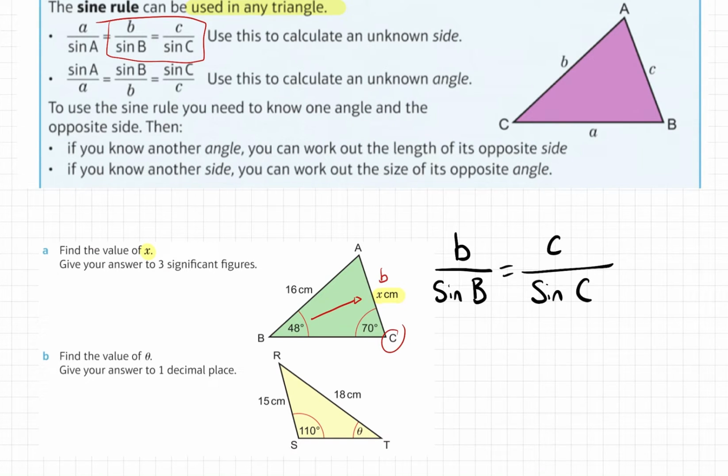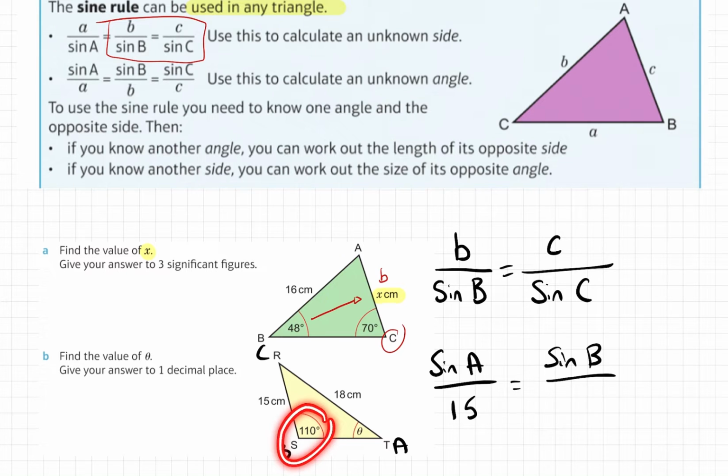Okay, and then for the second question, find the unknown angle. Well, we've got different letters, but don't worry, we can just substitute in A, B, and C. We want to know angle A. So we're going to use sine of A over the opposite, 15, equals sine of B, which is 110, over the opposite, 18.